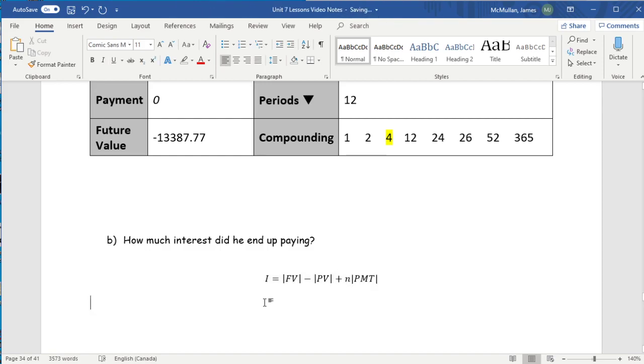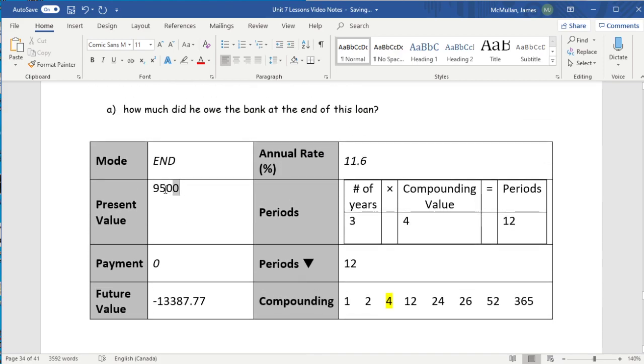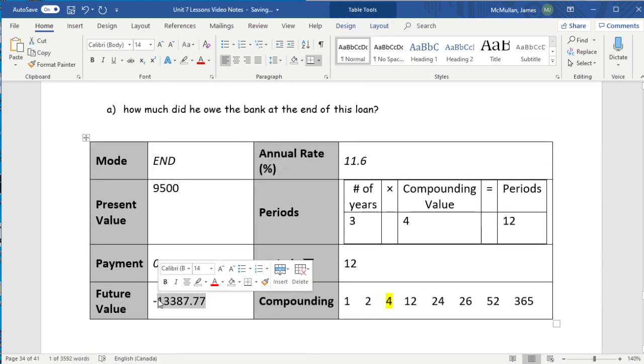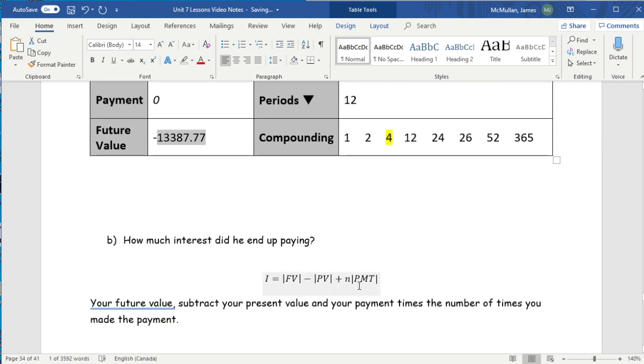Okay, what does this mean? Your future value subtract your present value and your payment times the number of times you made the payment. So money can't come out of thin air, right? If he borrowed $9,500 and he has to pay back $13,387, the rest of it must have been interest.